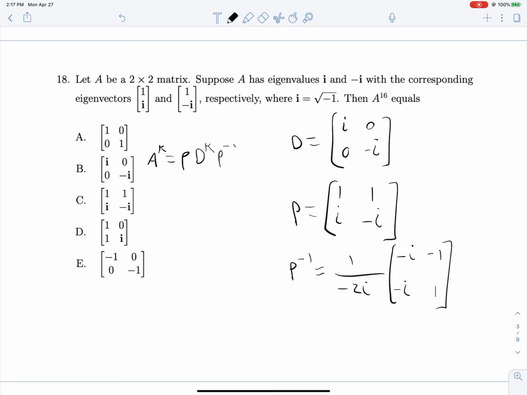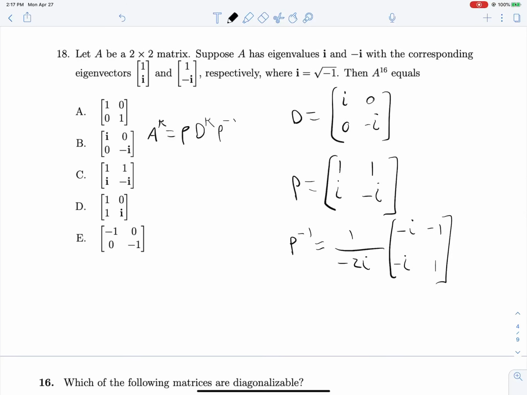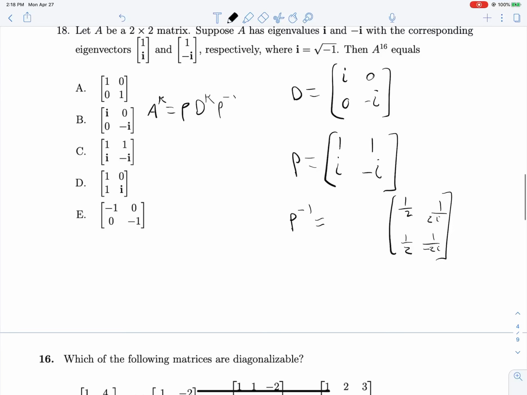Okay, so now multiplying in this 1 over -2i, both of these will become 1/2, and then we have 1 over 2i there, and 1 over -2i.